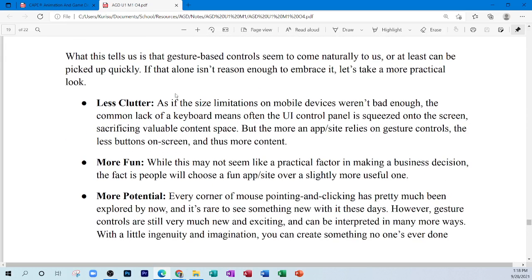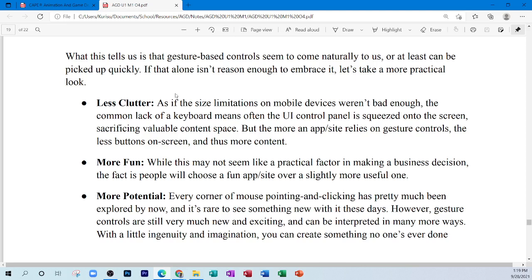So continuing the reading, Alia. What this tells us is that gesture based control seems to come naturally to us, or at least can be picked up quickly. If that alone isn't reason enough to embrace it, let's take a more practical look. Less clutter, as if the size limitations on mobile devices weren't bad enough.